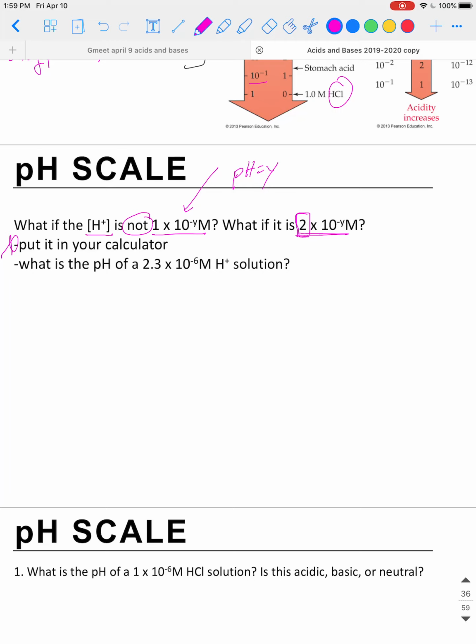So, for example, what is the pH of a solution that has an H plus concentration of 2.3 times 10 to the minus 6? What is the pH? All right, so we're going to do the negative log. We know pH equals the negative log of 2.3 times 10 to the minus 6, because pH equals the negative log of the concentration of H plus.